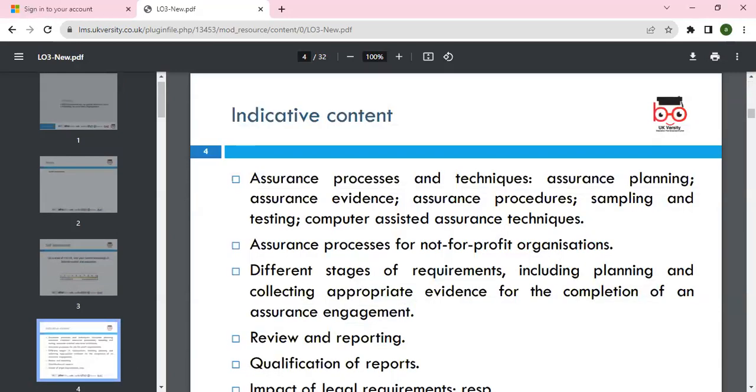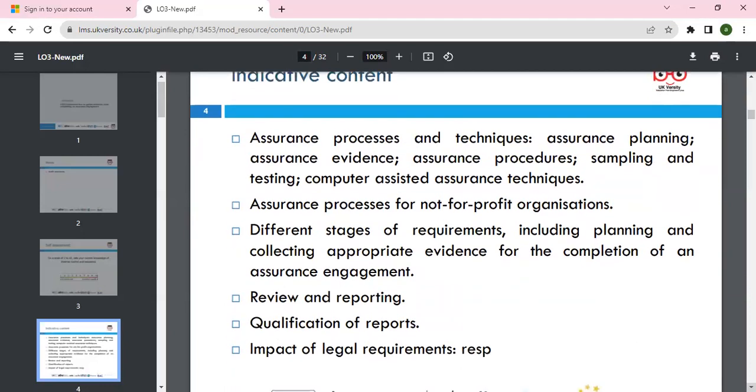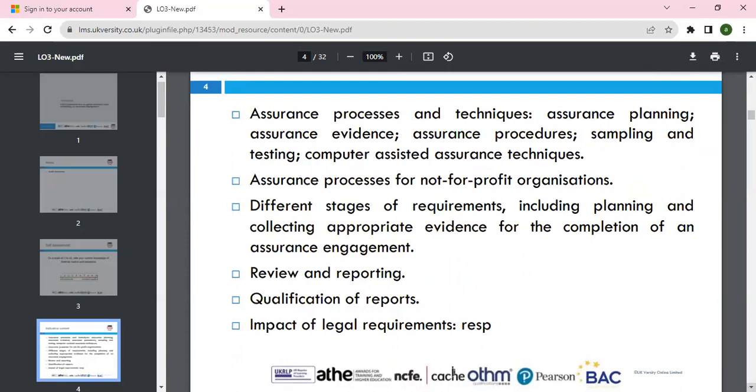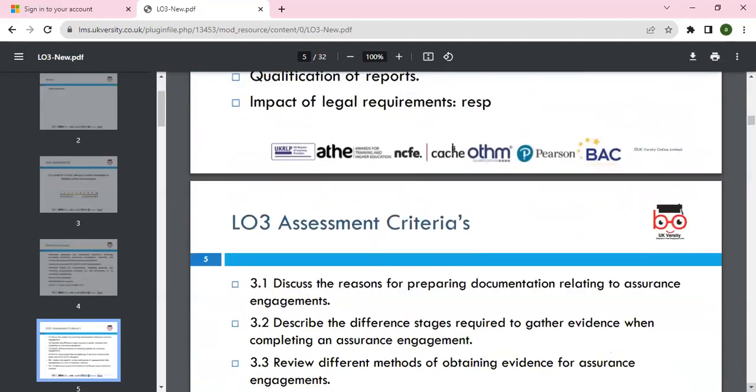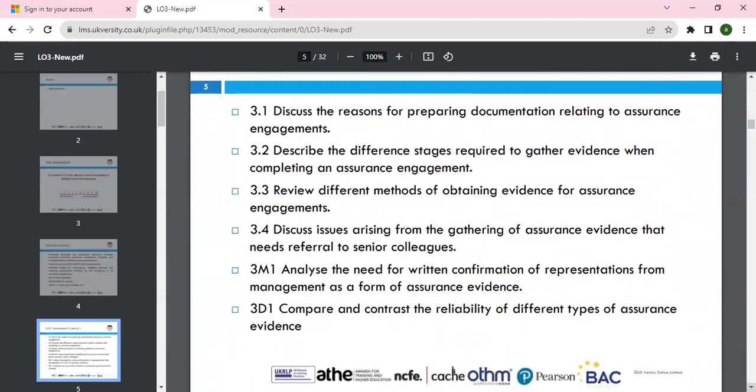Today's lesson covers the assurance process, assurance planning, evidence, assurance procedures, sampling, testing, and computer assisted assurance techniques, how we can prepare detailed reports and evidence, how we can collect it, and the different types of test we can use. The legal requirements will also be in our discussion, and I already shared the books and the pathway with you during our last lesson.